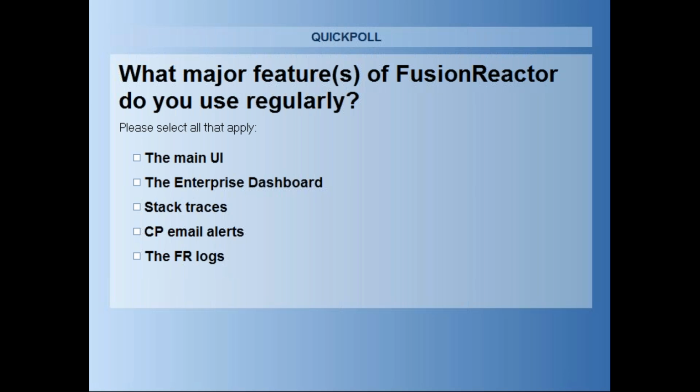Okay, I'll give you about 5 more seconds to answer. It's not critical. If you didn't get to answer, that's okay. But it falls in line in about the order that you see it presented on the screen. Actually, in this presentation, we have more people using the crash protection, email alerts, stack traces. So other than that, it's in about the order that I would expect. So thank you for that. Okay, that's good to know.